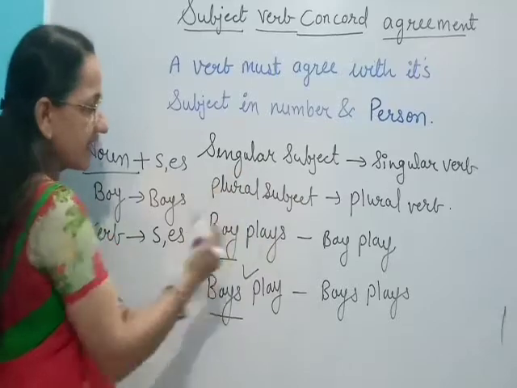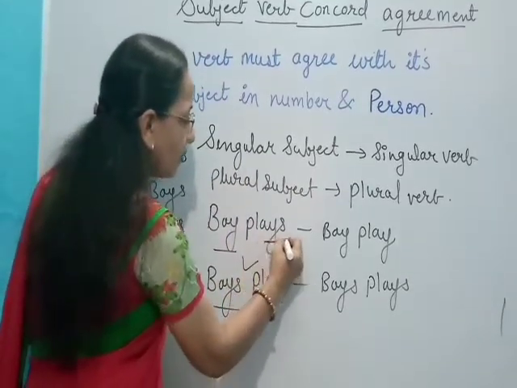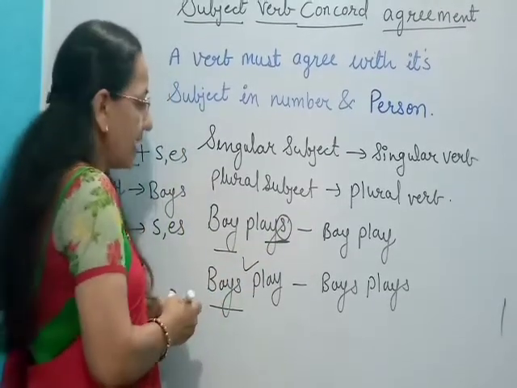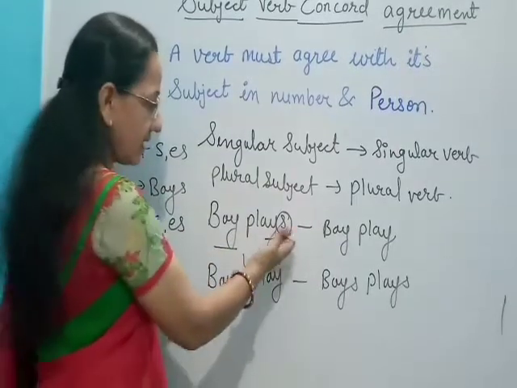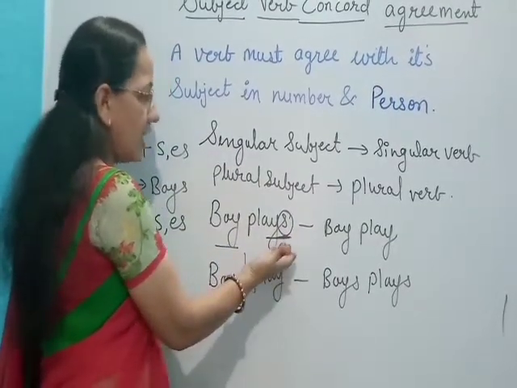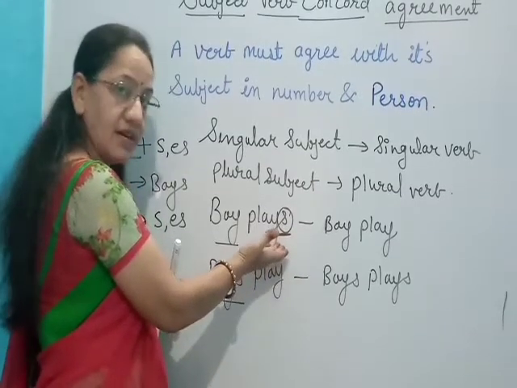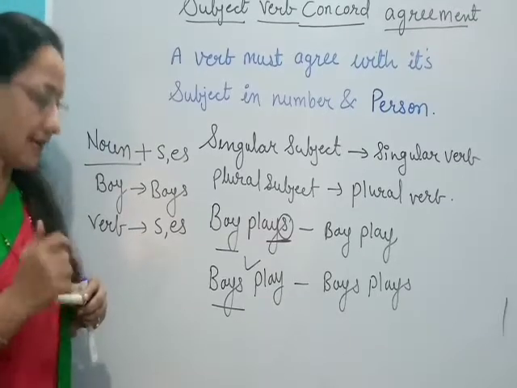In these examples you have seen action verbs. When we would like to make them singular, we add s. But what about the helping verbs? These are the action verbs, so we can recognize them by the last letter s, which shows the singular verb. So how could you make the helping verb singular to plural? Let's see.